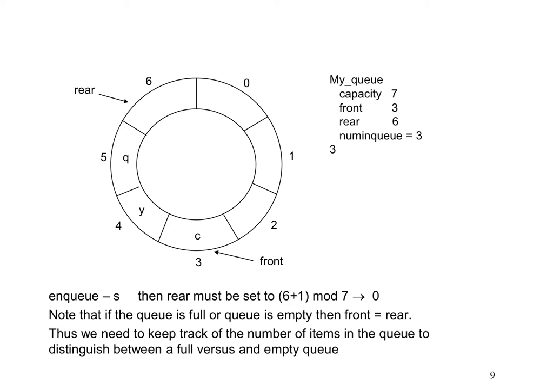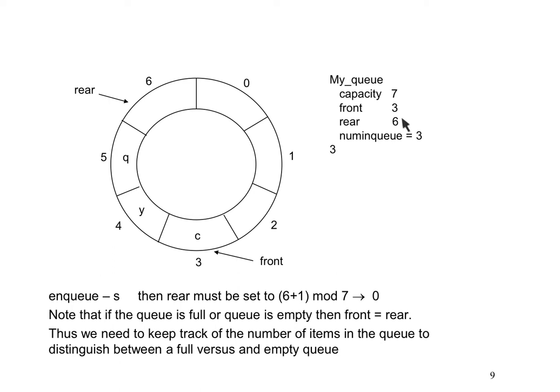Now, what we're going to need for our queue is to store the capacity. In this case, it's going to be 7, and we're going to be using modulus 7 as our way to move from slot 6 to slot 0 as the next place. So we're going to have that capacity 7. We're going to have a front reference to the current item at the front of the queue that will be taken off first.